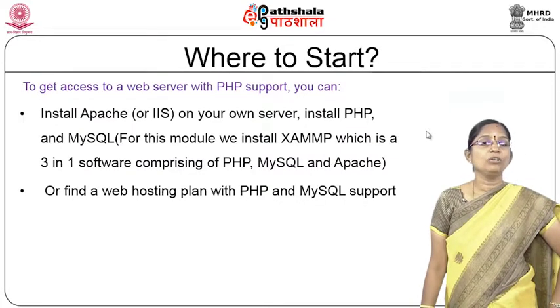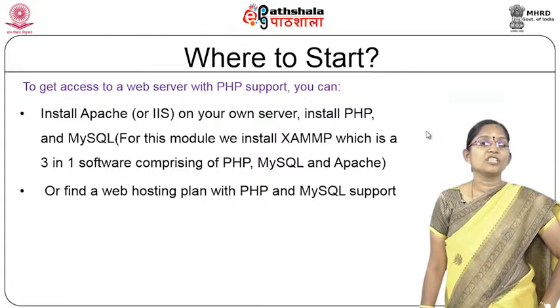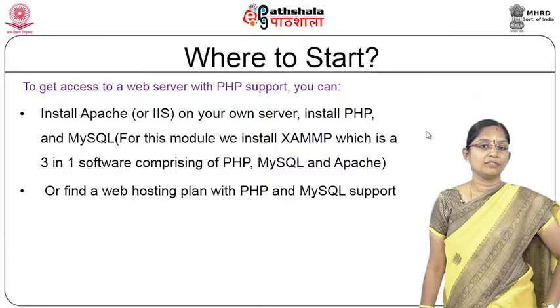Now let us see how to get PHP support on a web server. We can install Apache or IIS on our own server. Then we can install PHP and MySQL. So three things are required. First, the Apache or IIS server can be installed. Over and above, PHP can be installed along with MySQL for database activities.